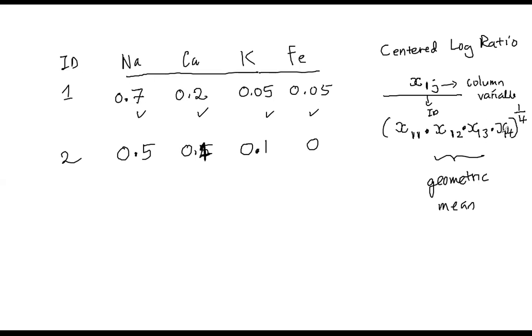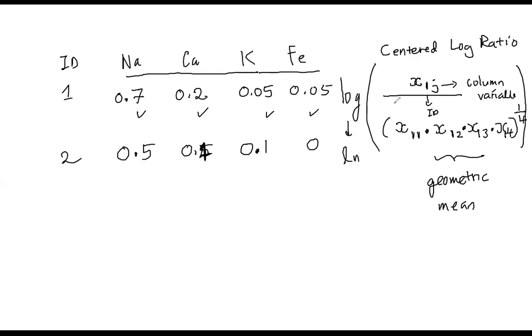After you have done this, you take the logarithm, the natural log, ln. So this is the so-called centered log ratio. Once you have done this, theory suggests that this transformation will map the values in this constrained space to a space that is approximately Euclidean. Therefore, when you apply your PCA on this transformed space, it will be much better.